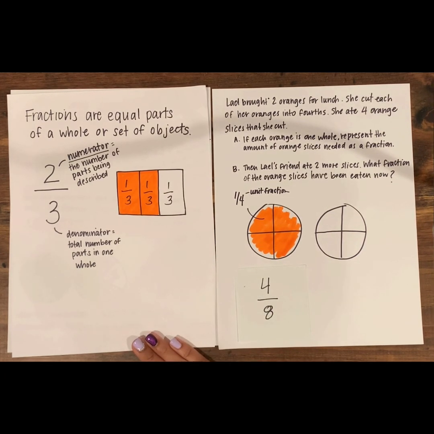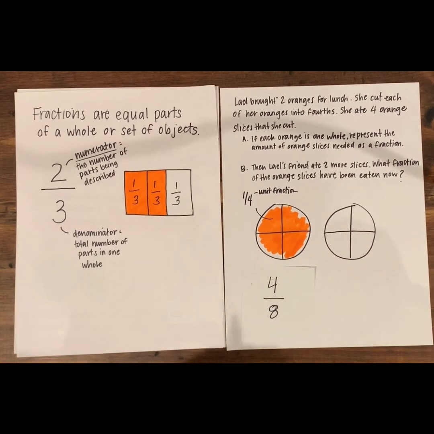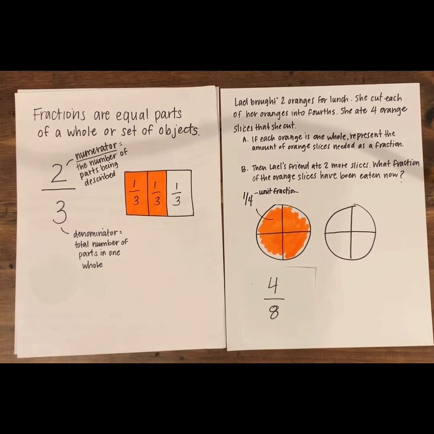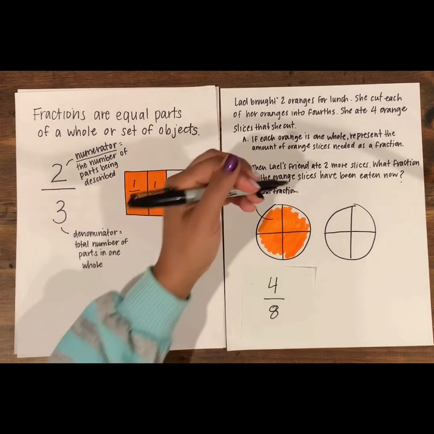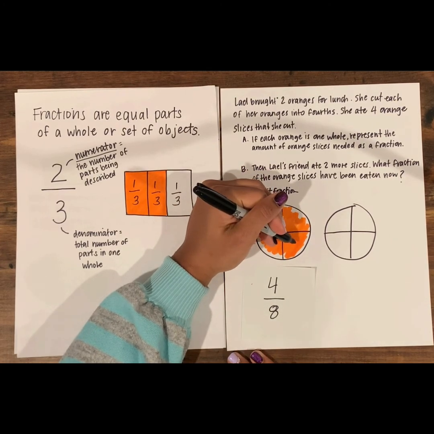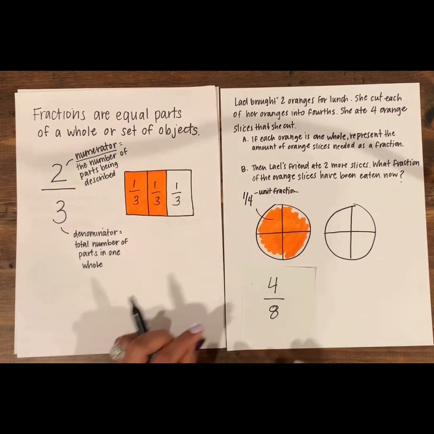Do you agree or disagree that the denominator is 8? Say your answer out loud. That's right. I heard you say that you disagree that the denominator is 8 because in each whole there are only 1, 2, 3, 4 equal parts, not 8.